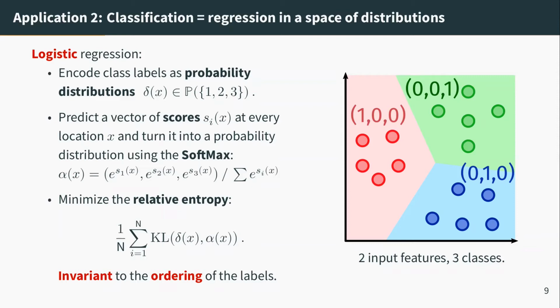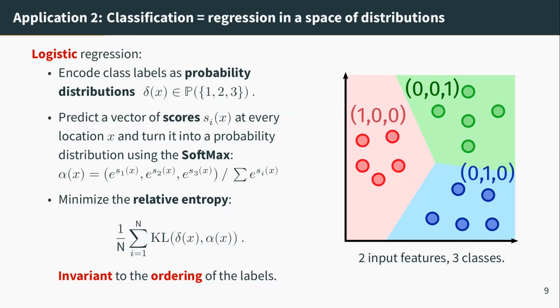And now, how are we going to design a model that predicts probability distributions instead of predicting a number? The way we do it with logistic regression is that we try to predict a vector of scores, S1 of X, S2 of X, S3 of X, that score the likelihood of belonging to class 1, 2, and 3. Okay, so at every location, we have 3 numbers.